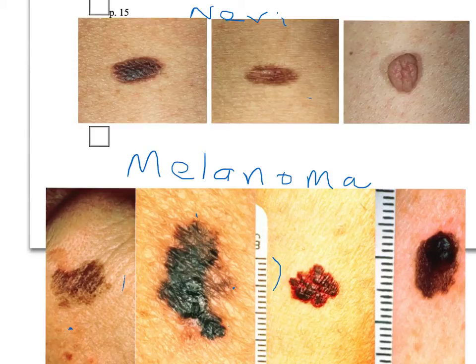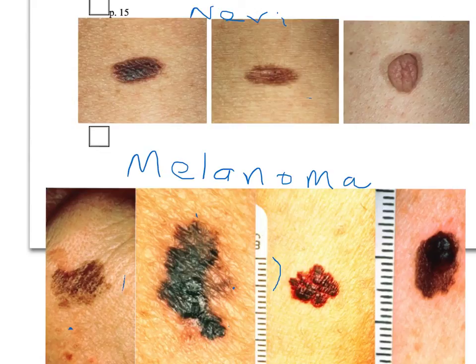Some texts you'll see E as a 5th determining factor, and that would stand for elevation or evolution. I've heard it being used for both. Elevation would be the height of the lesion from the surface of the skin, and evolution would be a changing mole.